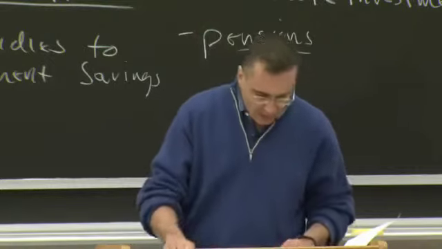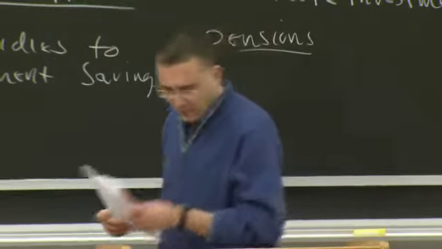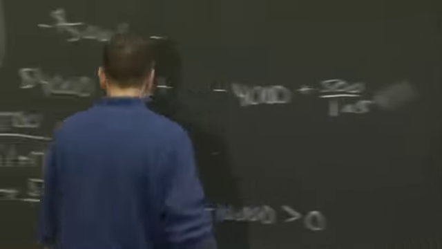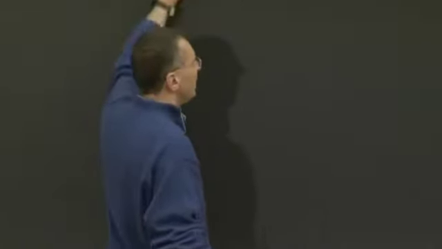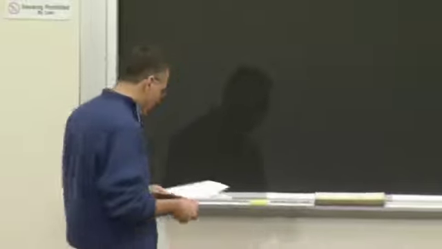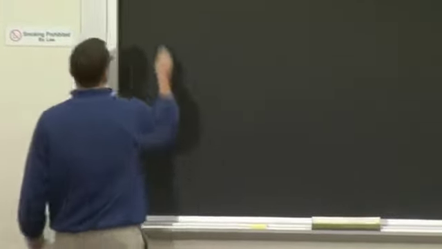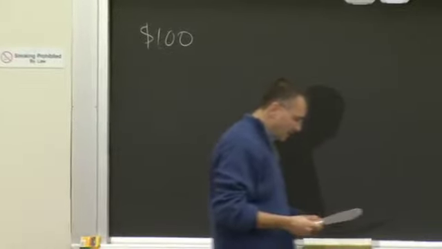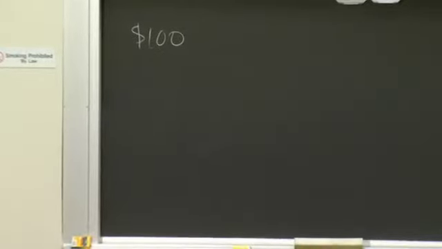Let me just do an example here to explain that. So imagine you've got an individual who's a 70-year-old, someone about to retire. He earns $100 on his job, and he wants to save it for 1 year and then spend it.